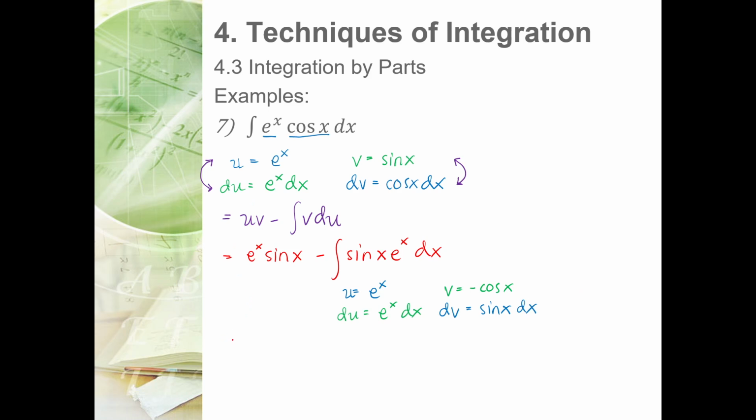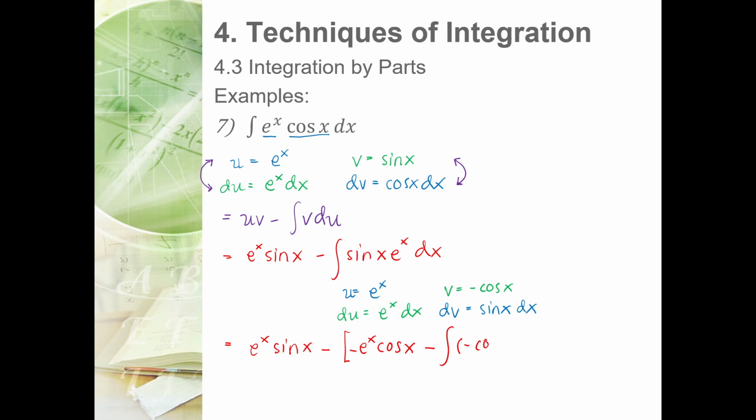So writing the equation again, this becomes e to the power of x sine x minus uv. So this one is negative e to the power of x cosine x, minus the integral of v du.